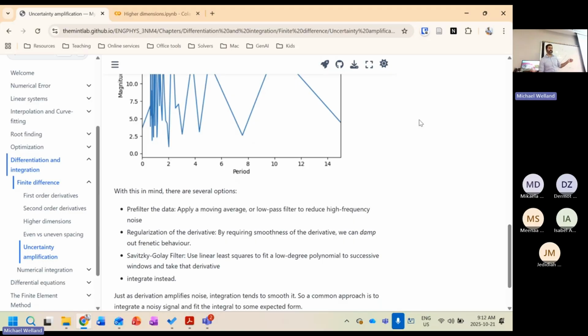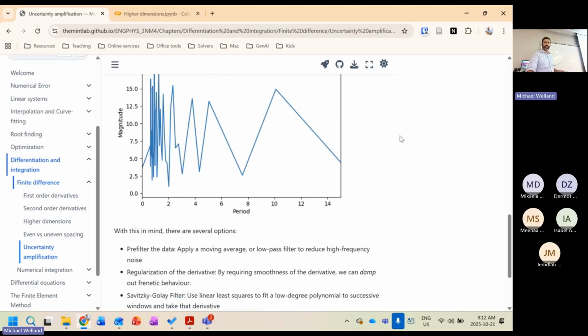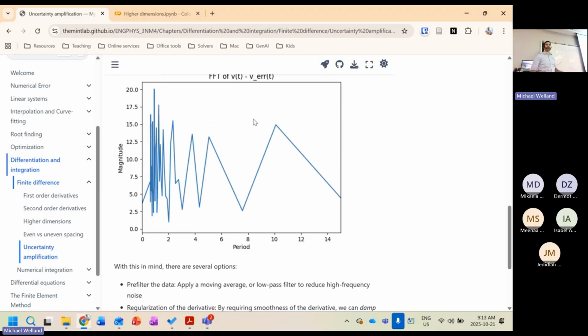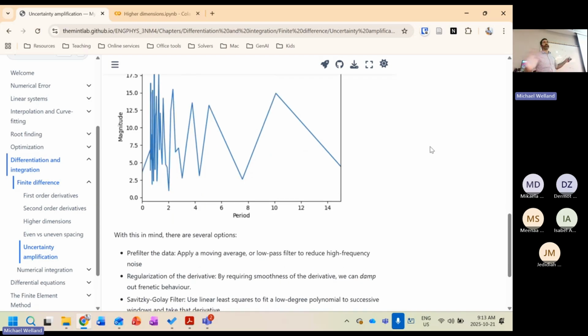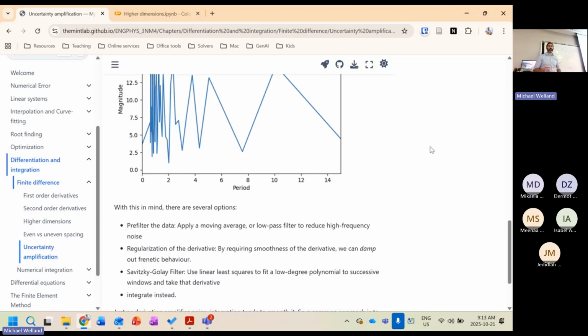What can you do about it? First one is pre-filter the data. What would this be? A high pass filter, straight from circuits and signal processing. You cut off the noise. That's an option. But say you didn't have a Fourier toolbox with you. You could apply a pre-filter, just do a moving average.